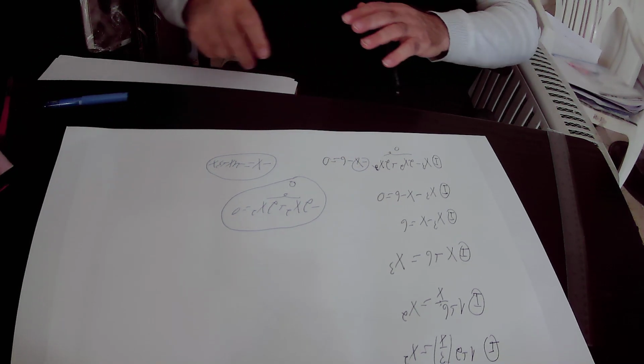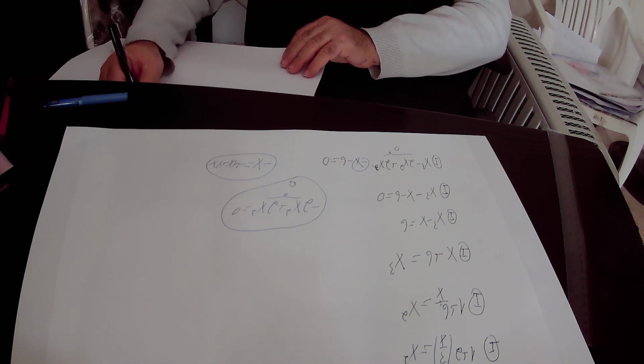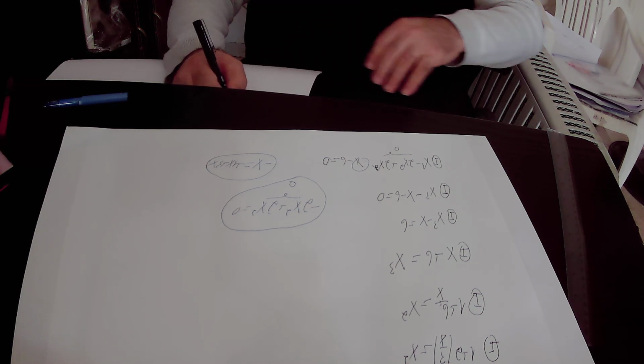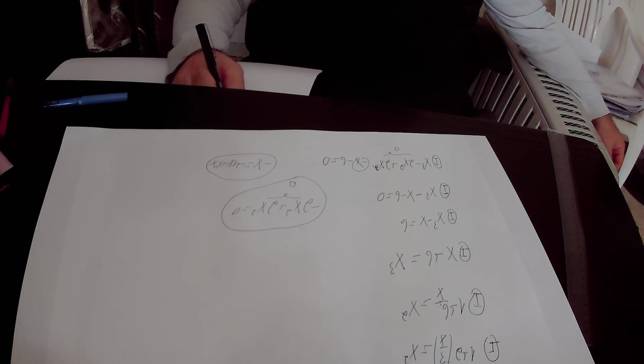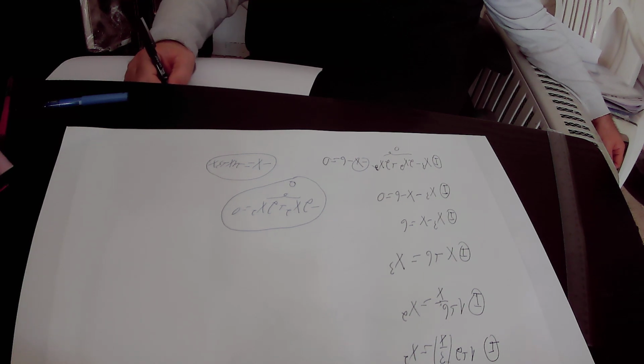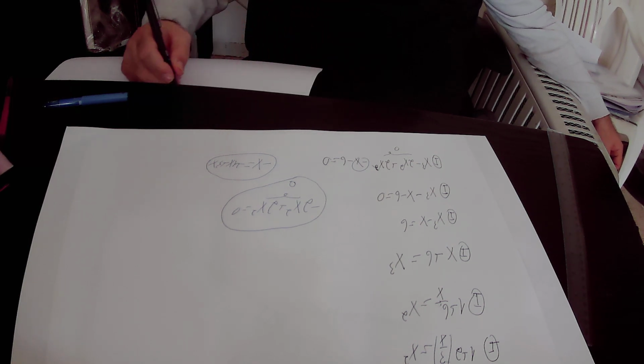Okay, so we will do it now and we will get that x cubed minus 2x squared plus 2x squared, and instead of minus x we will write down minus 4x plus 3x.